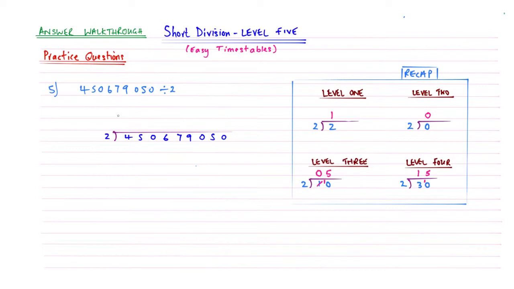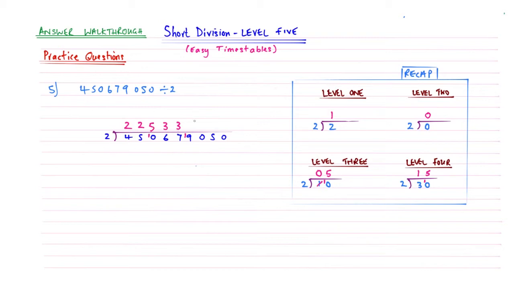Now we have practice question number 5. So this time we're dividing this huge number by 2. So how many 2's go into 4? Well, that's 2 exactly. How many 2's go into 5? 2 again, but with 1 remainder. How many 2's go into 10? Well, that's 5 exactly. So it's not looking too bad, this one. How many 2's go into 6? Well, that's 3 exactly. How many 2's go into the 7? Well, that's 3 times with 1 remainder.